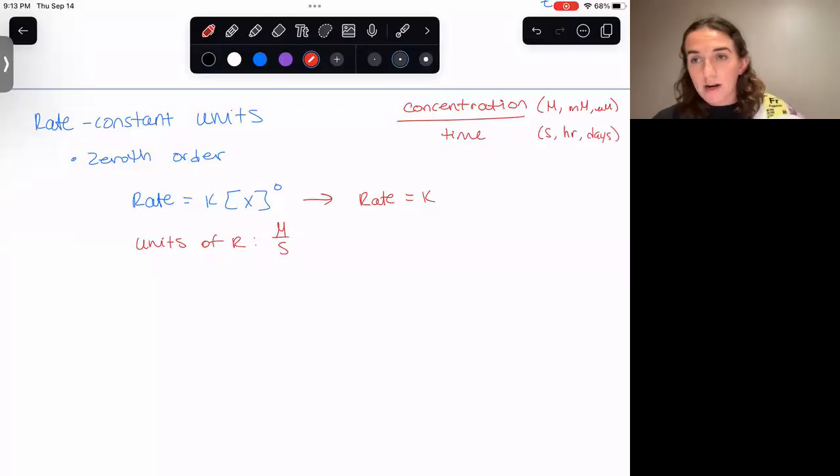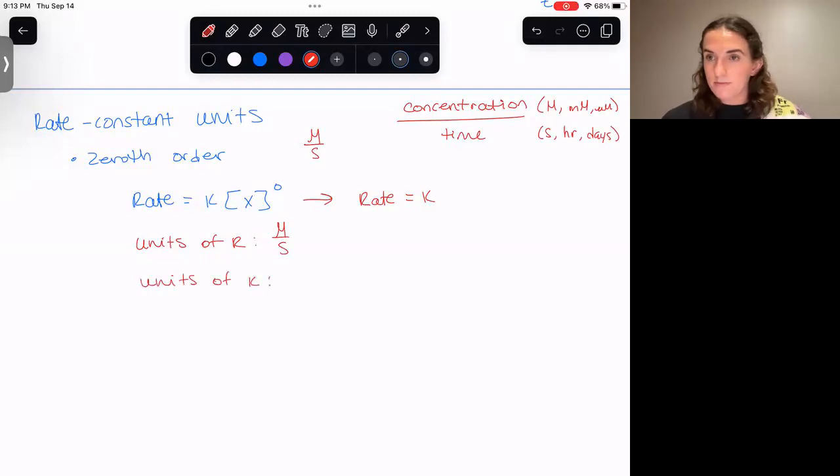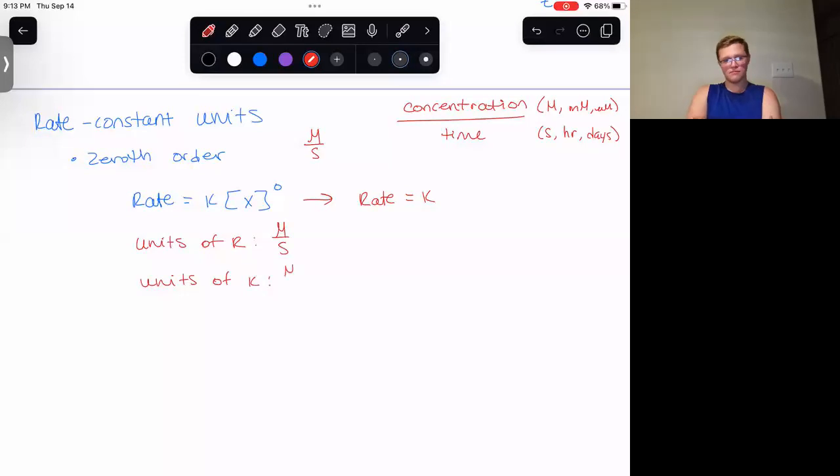Just some sort of concentration over some sort of unit time. But right now we can just assume that we're going to be in molarity over second. So if our units of r are molarity over second, what are our units of k? Molarity over second. Also molarity over second, right?